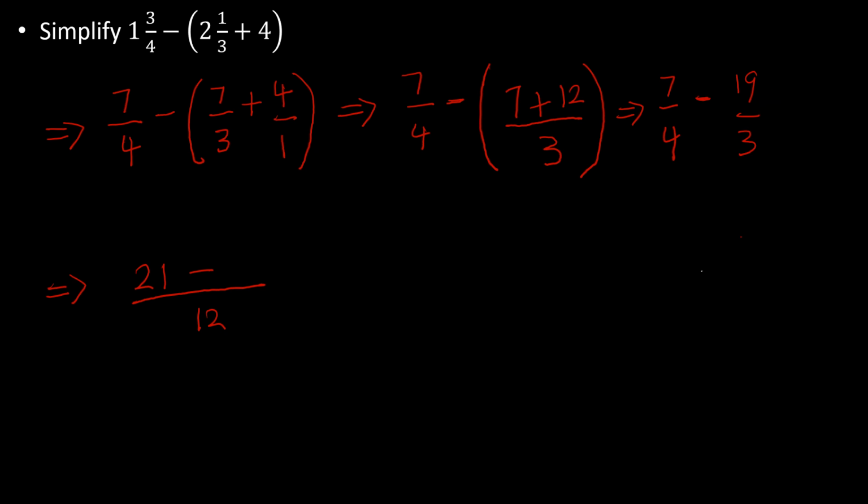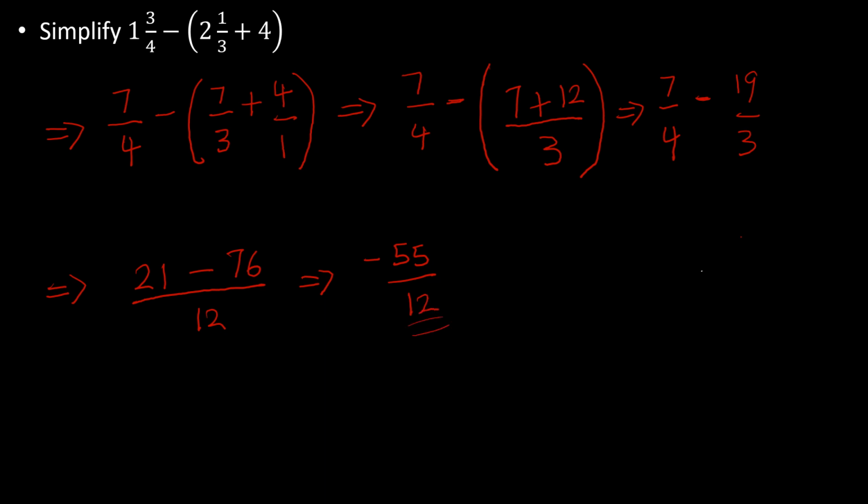So therefore, we have 21 minus 76. And when we subtract that, this will give us minus 55 over 12. And that's actually our answer.